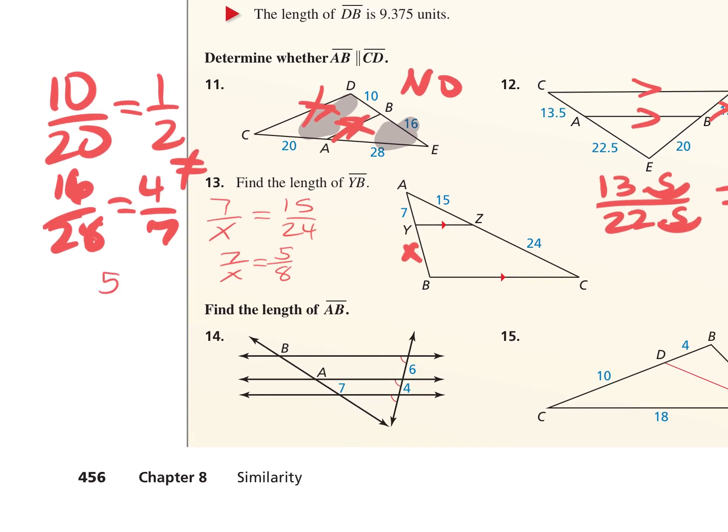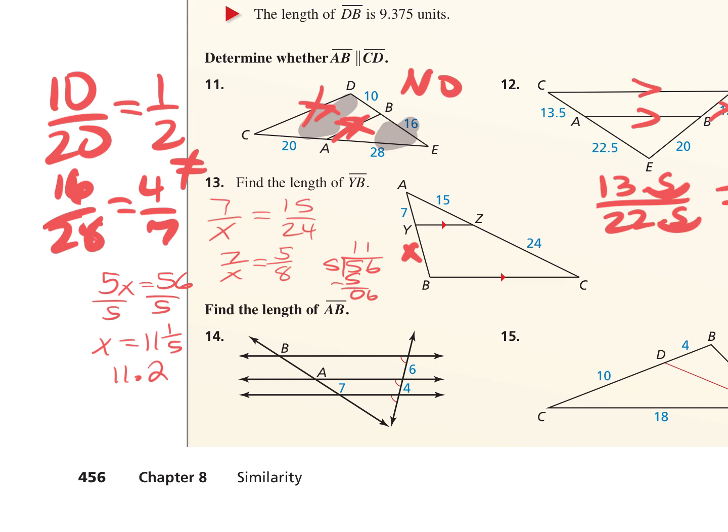So I get 5 times X, 7 times 8 is 56. Divide by 5, and 5 goes into 56 eleven and 1/5, or 11.2.